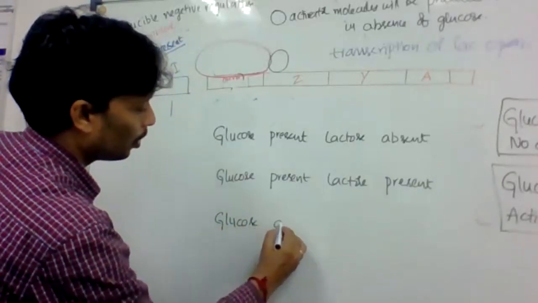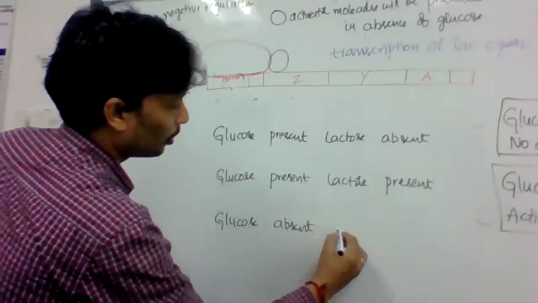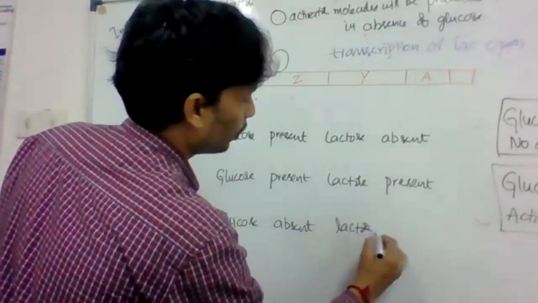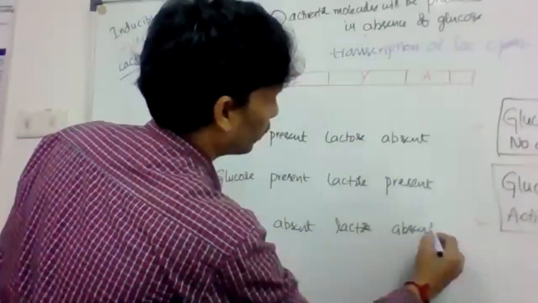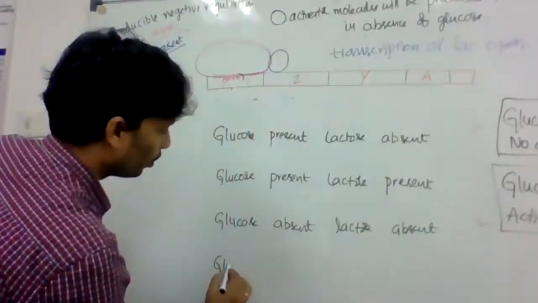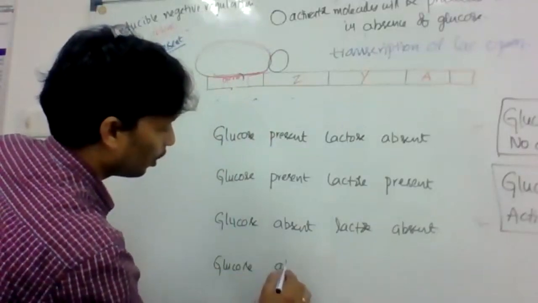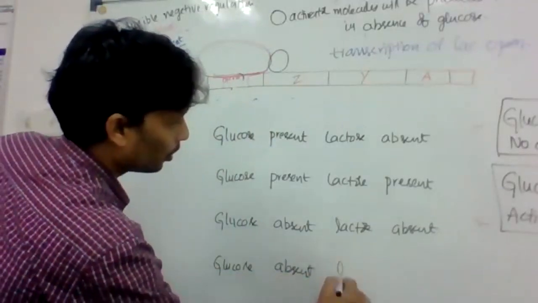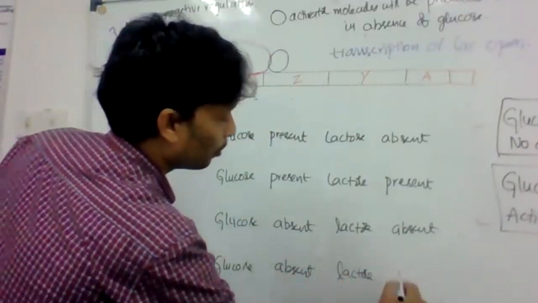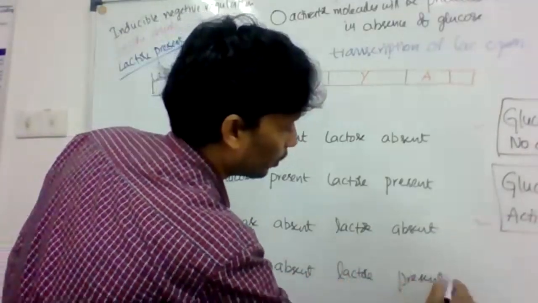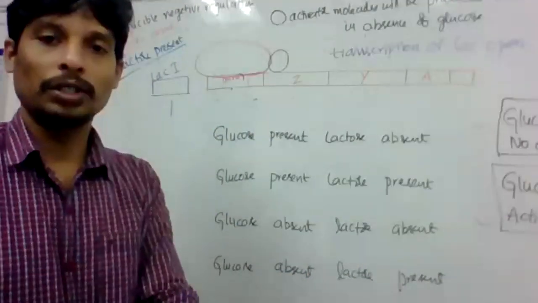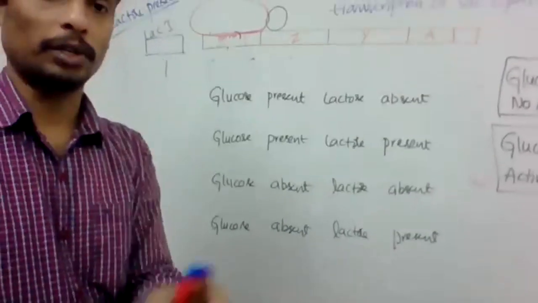Glucose absent, lactose absent. Glucose absent, lactose present. So these are the four situations the bacteria come across.